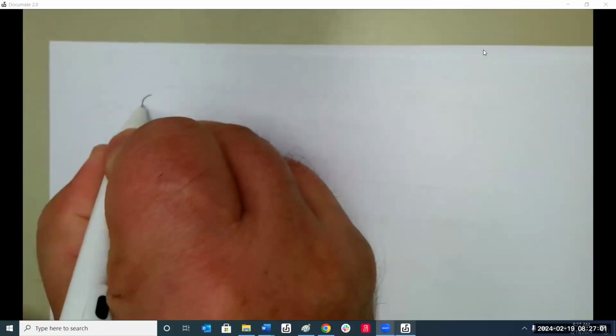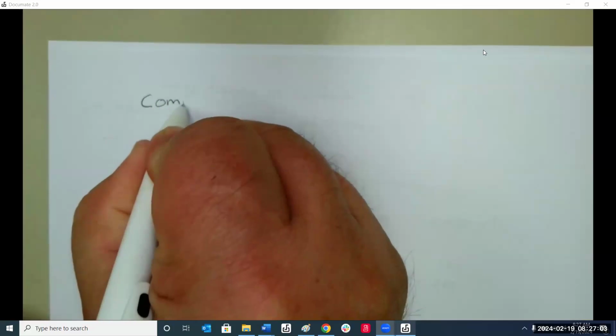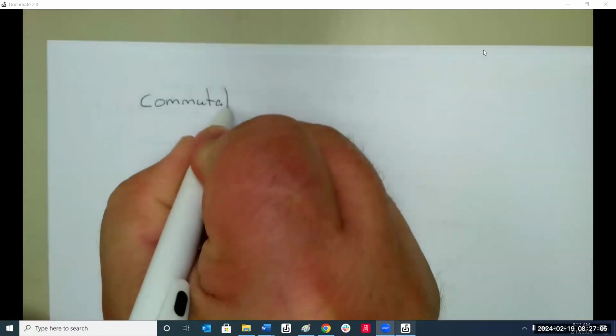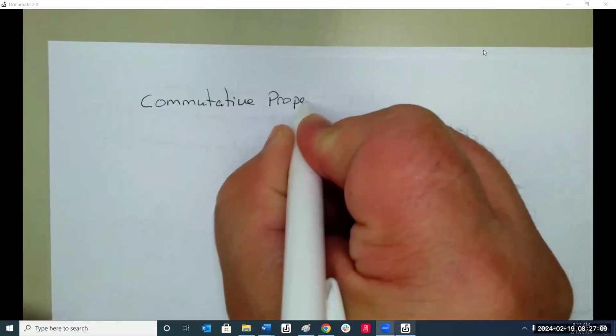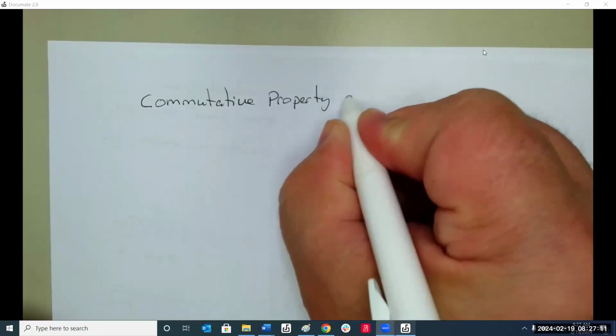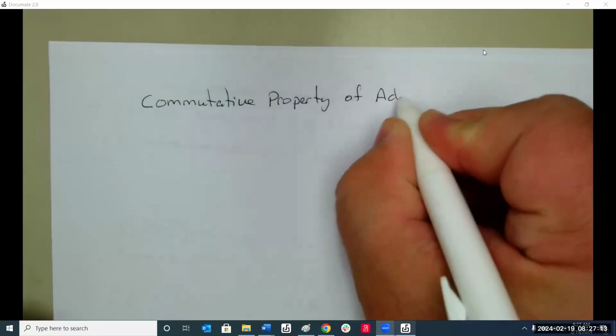Okay, besides the closure property, the next property that we have to discuss, actually the first property, is the commutative property of addition.